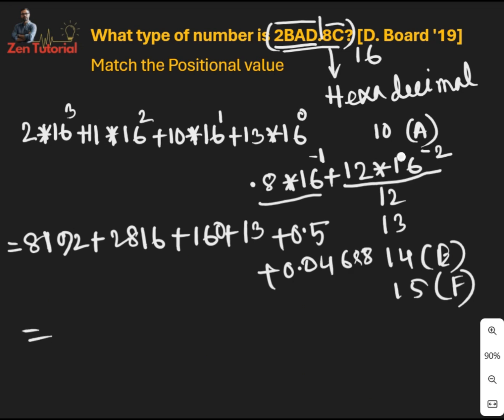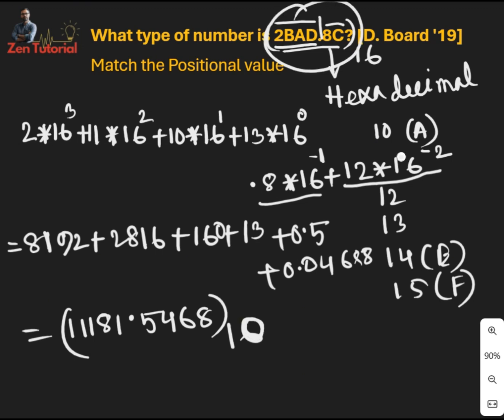All together we'll get 11,181.5468. So this is the positional value which matches the number given. This will be the decimal value. So the positional number in decimal will be this value.